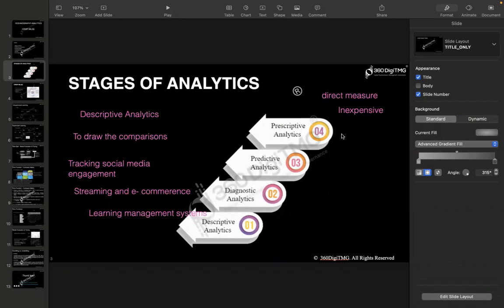It relies on the data that organizations already have access to, meaning there is no need for sourcing additional data. So this was about descriptive analytics.